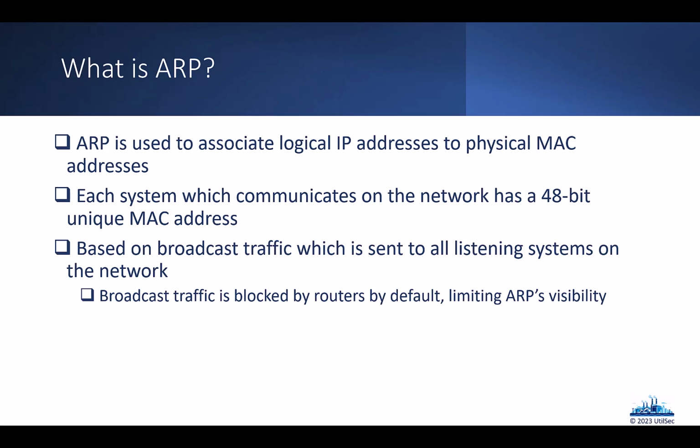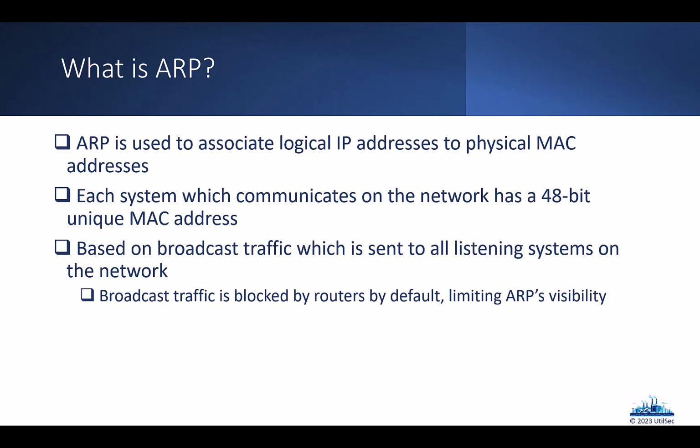When two systems go to talk to each other, we always talk about connecting from IP address to IP address. But communication really happens at a much lower level, from the physical MAC address that's burned into the network interface on each system. So we're really talking MAC address to MAC address. But at a high level, we know we just have an IP address.